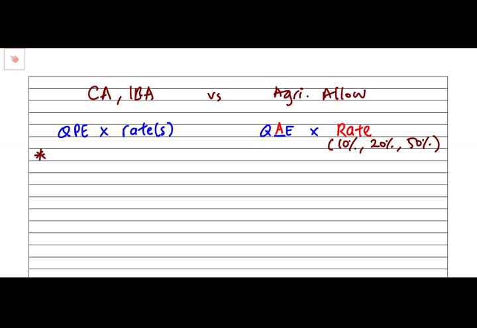So in CA, we will have no time apportionment. Okay, that's one. And number two, what happened to your CA when you dispose asset? Can you claim CA when you sell asset? No, right? No CA, or I just write no AA, okay? No AA in the year of assessment of disposal.